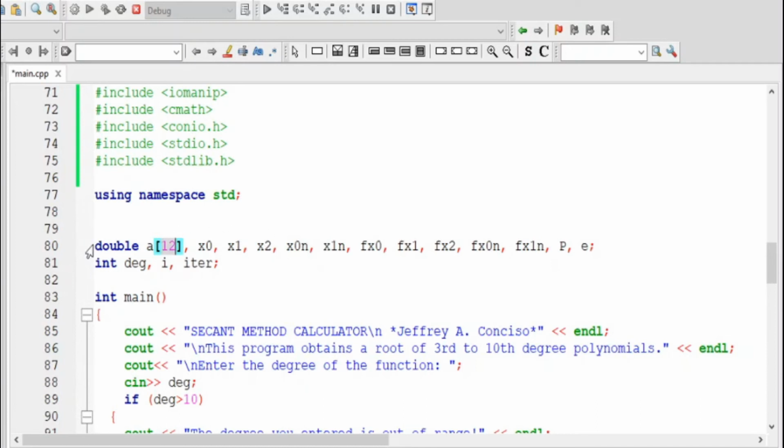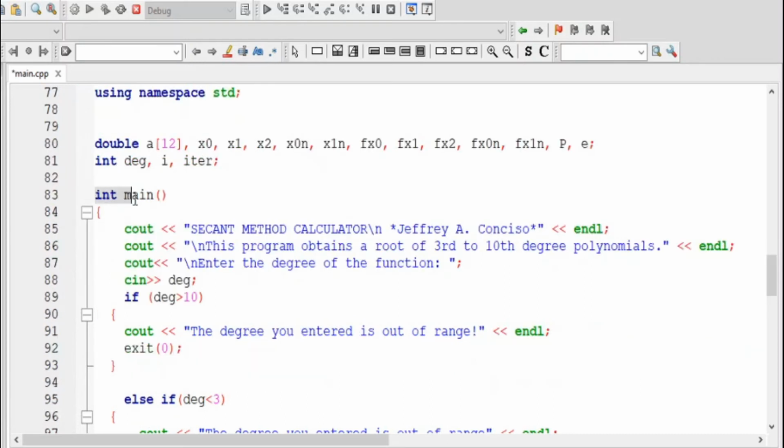They are declared as double: x sub 0, x sub 1, x sub 2, x sub 0n, x sub 1n, function of x sub 0, function of x sub 1, function of x sub 2, function of x sub 0n, function of x sub 1n, the precision and the accuracy. We declare degree, I, and iteration as integers.